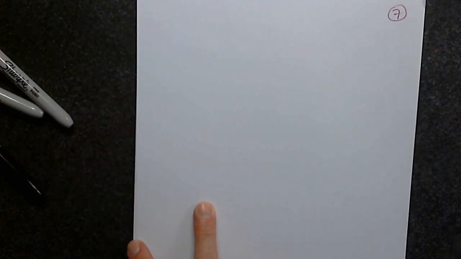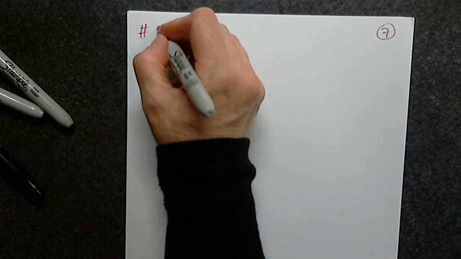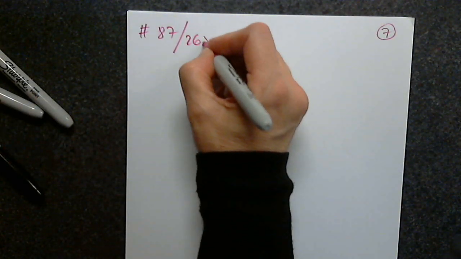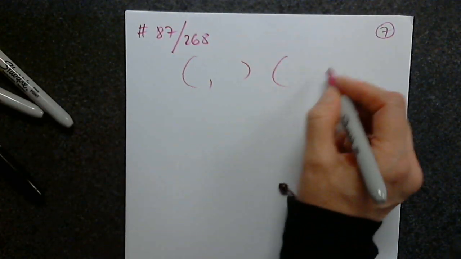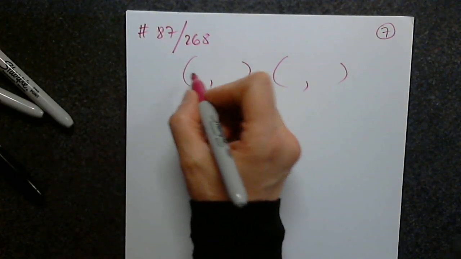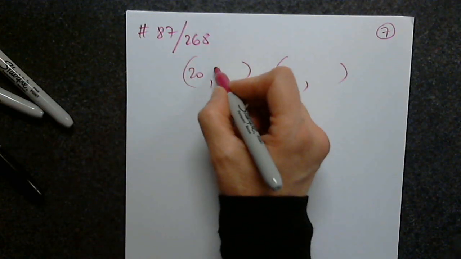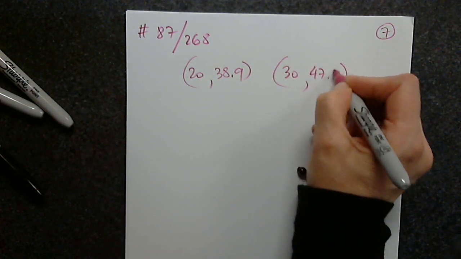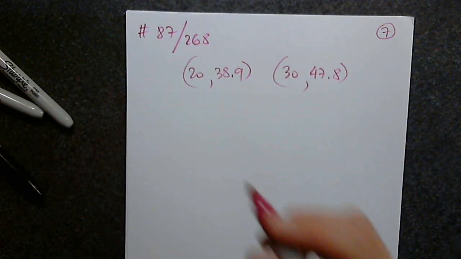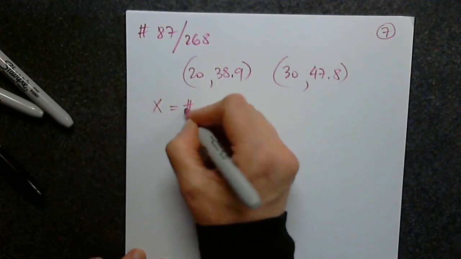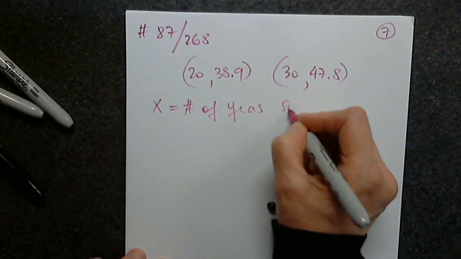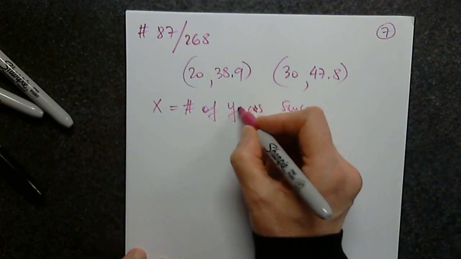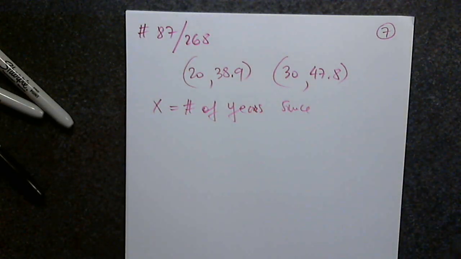Okay, so I have a lot of information to copy down before I even think what I need to do. So first of all, this is problem 87 on 268. We are given two ordered pairs. We read them as 20, 38.9 and 30, 47.8. So X is the number of years since 1980.